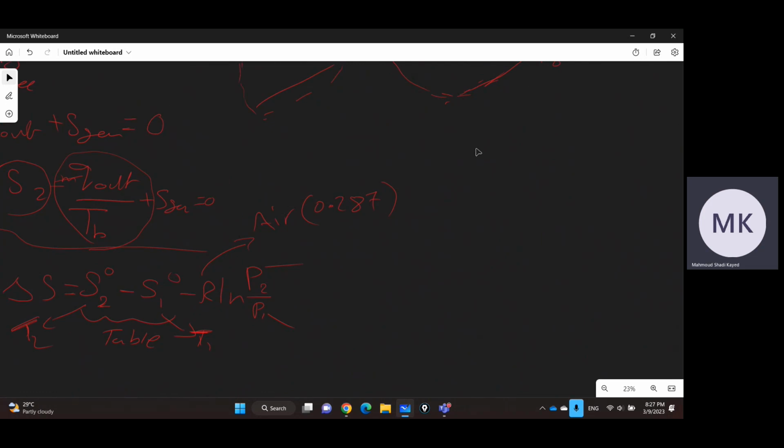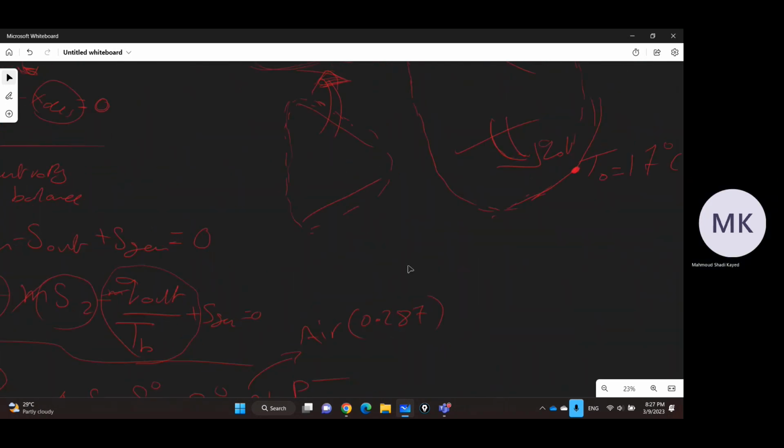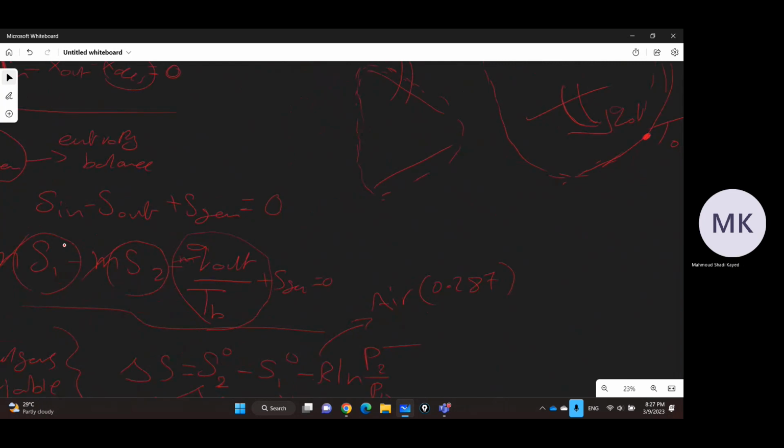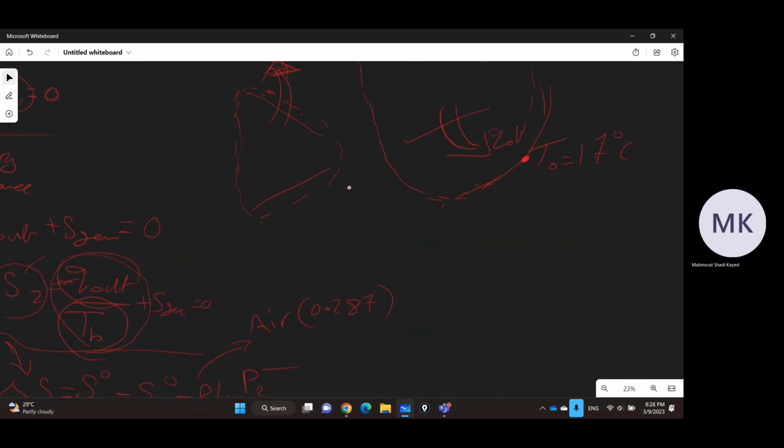Okay, so what the changes will be on the equation? Now Q out will not change. The boundary temperature, after we expanded our system, will be equal to T naught.